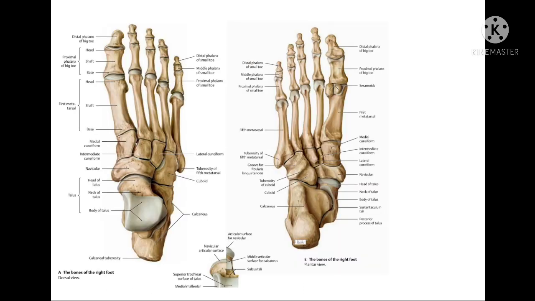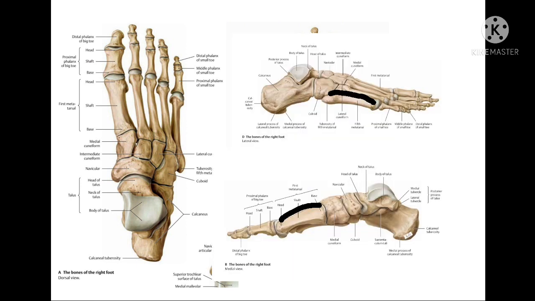Next, regarding the shaft of the metatarsals, they are dorsally convex. The shaft presents a dorsal convexity. That means, in other words, the shafts are concave from the plantar aspect.